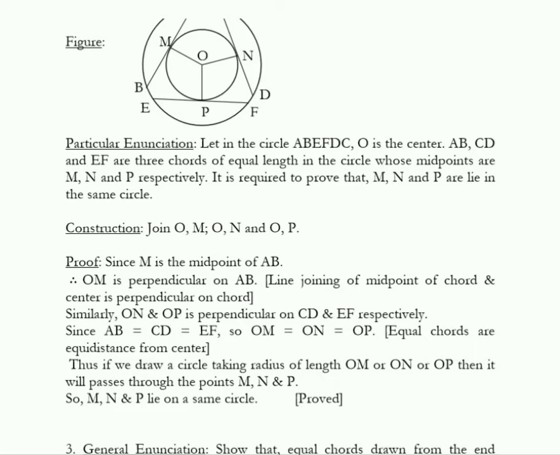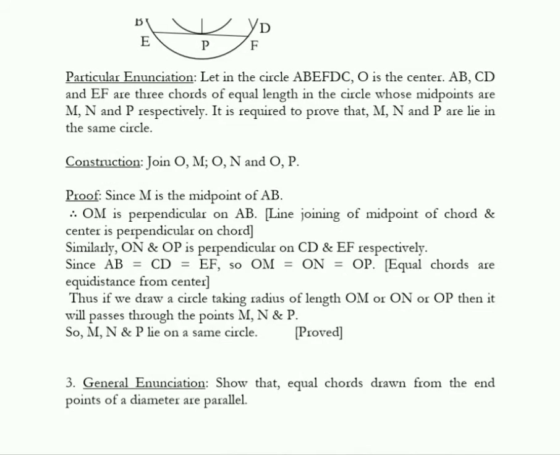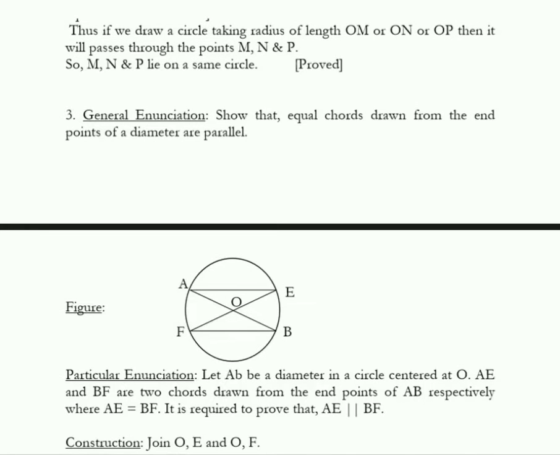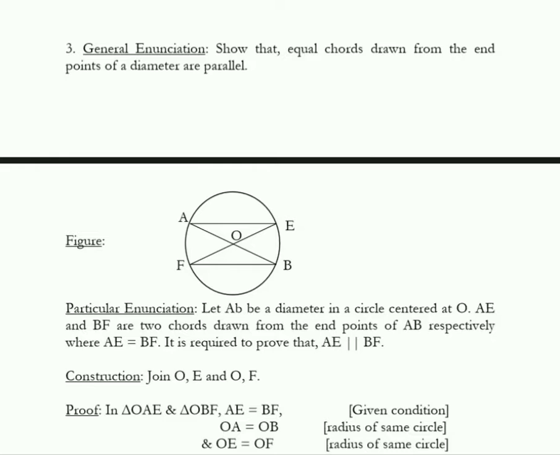So it is proved. Now number 3, show that equal chords drawn from the end points of a diameter are parallel. At first এভাবে একটা ফিগার ড্র করে নিই, পার্টিকুলার ইনিশিয়েশনটা দেখি.